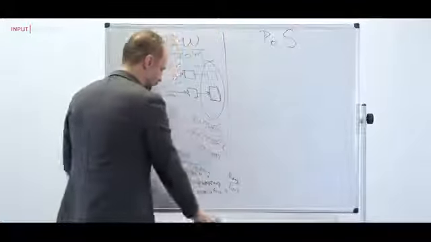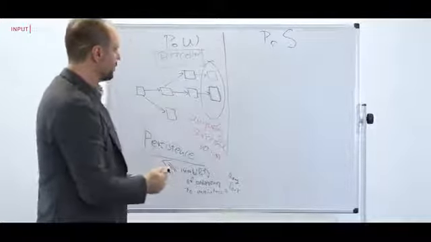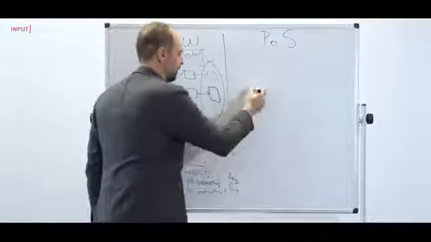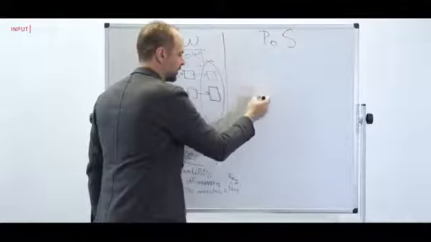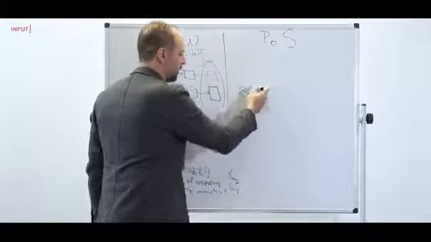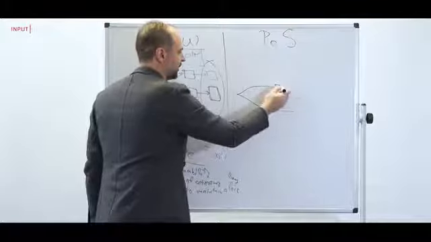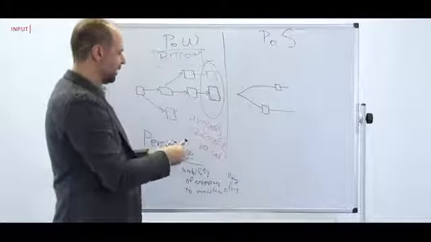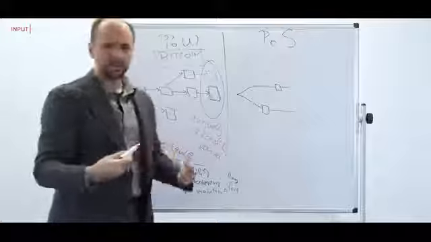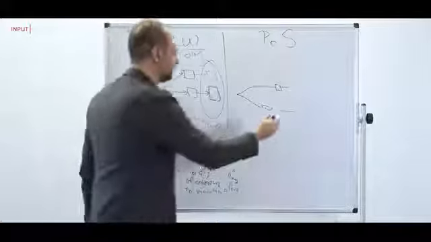with the following example. Imagine you have a fork that somehow starts from here, and there are, let's say, honest parties acting here. And here you have an adversary who is elected to produce the next block.